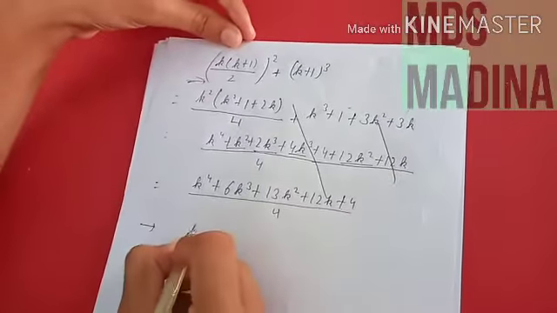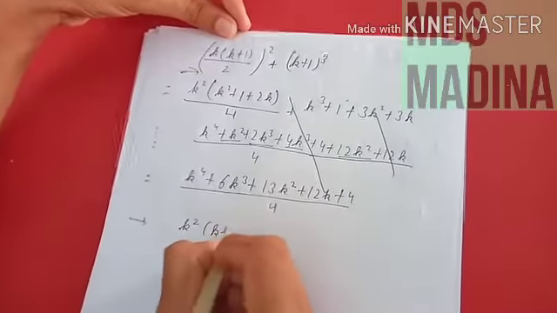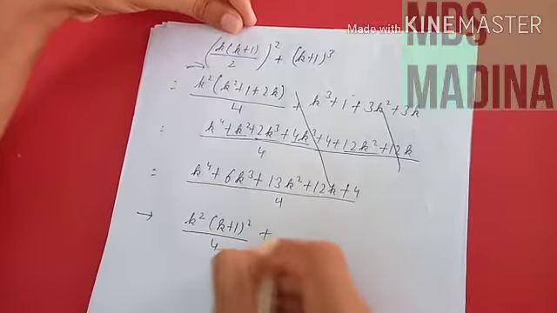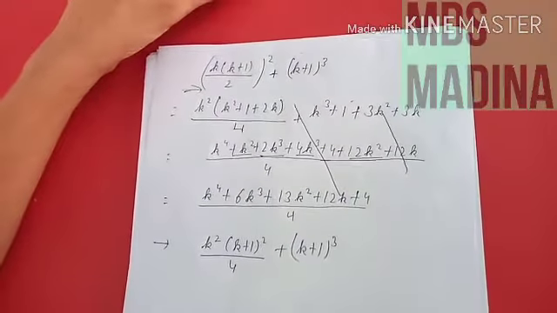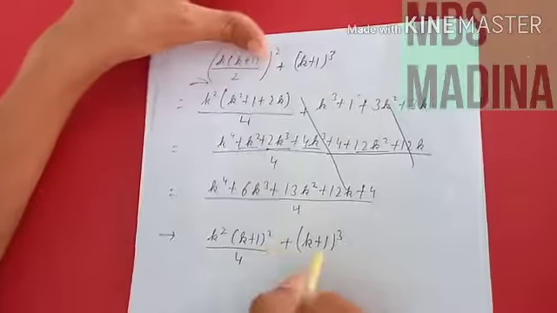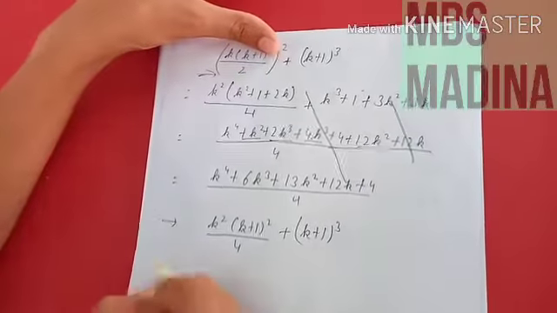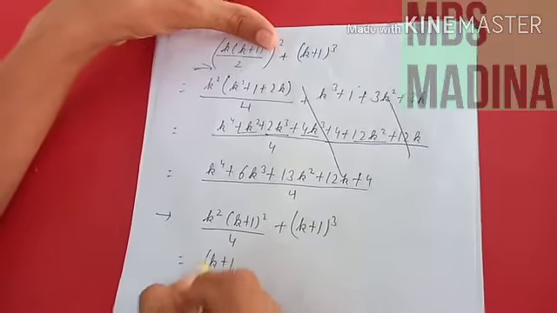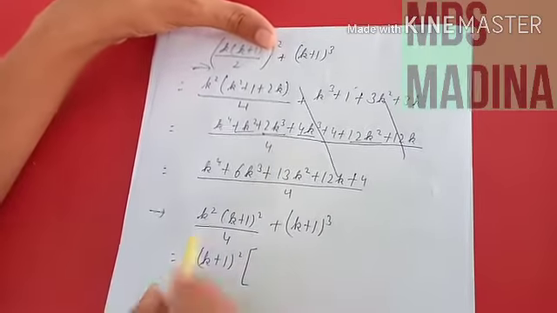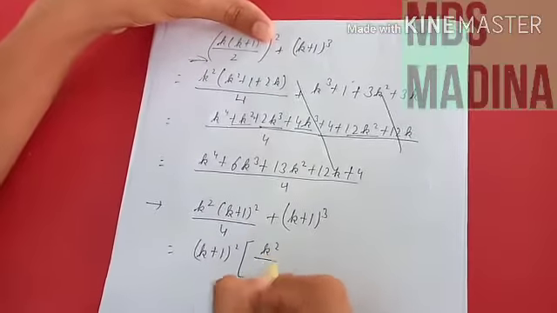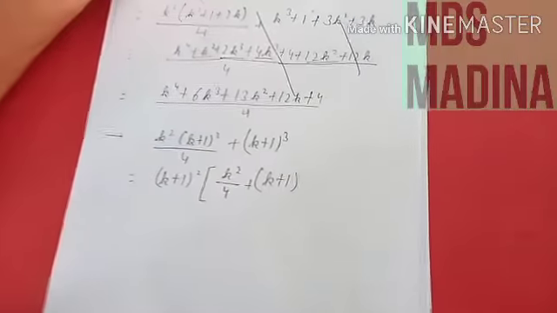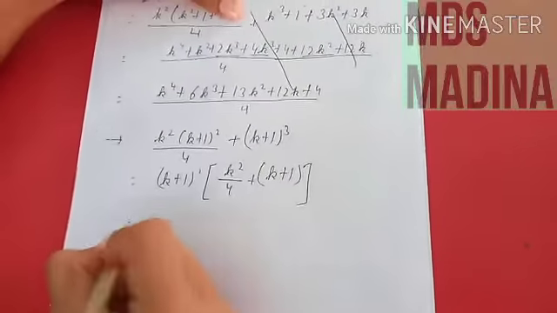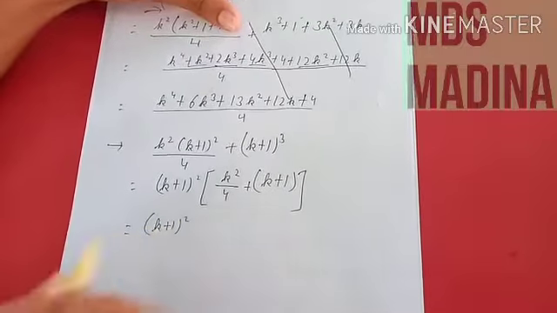So I will get k square into k plus 1 square by 4 plus k plus 1 cube. k plus 1 square I can take common from here and here. So what I will get? k plus 1 whole square common. What will remain here? Here it will remain k square by 4 plus, and here k plus 1. So that means k plus 1 whole square as it is.